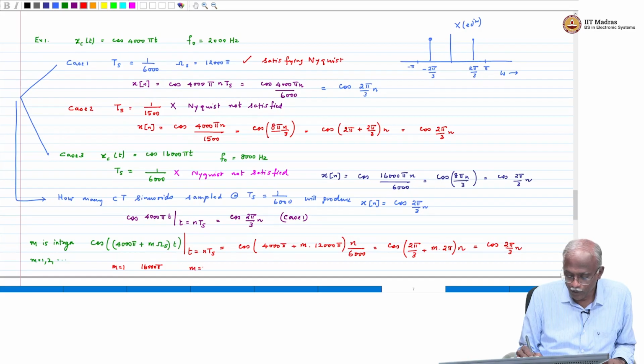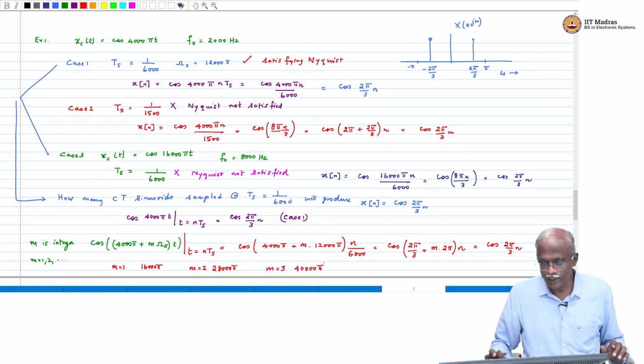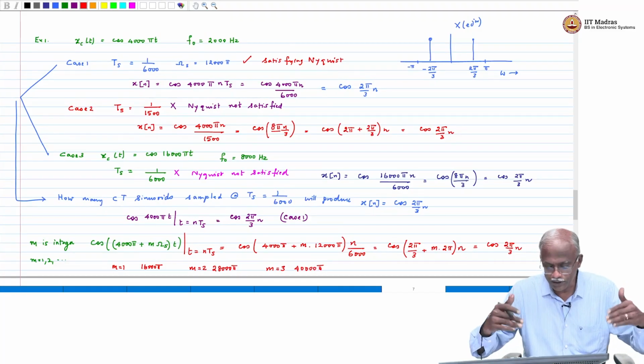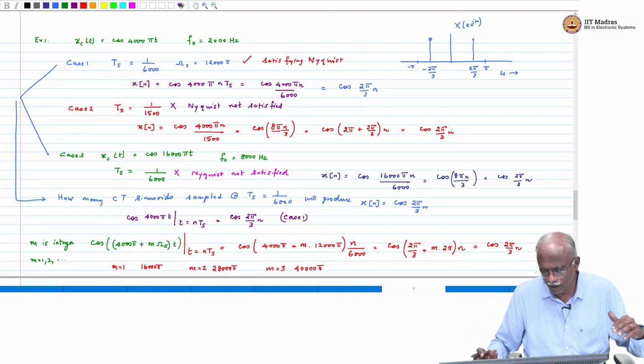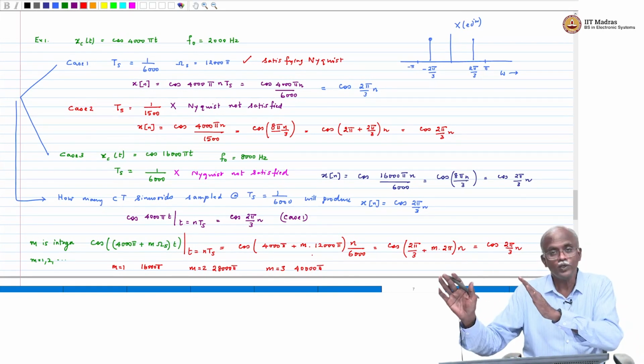With m equal to 2, you can calculate, this will come out to be 28,000 pi. With m equal to 3, it will come out to be 40,000 pi. So basically, the multiples of the sampling frequency are all going to produce for you cosine 2 pi by 3.